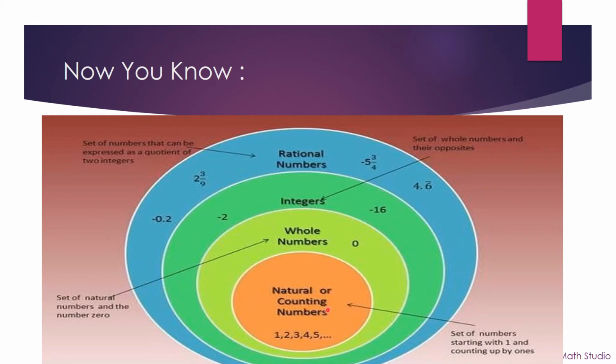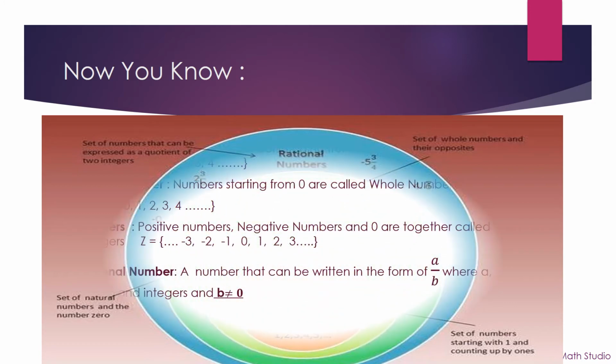All the natural numbers with the 0 are called whole numbers. Whole numbers with the negative numbers are called integers, and all these numbers which can be represented in the form of a by b are called rational numbers.